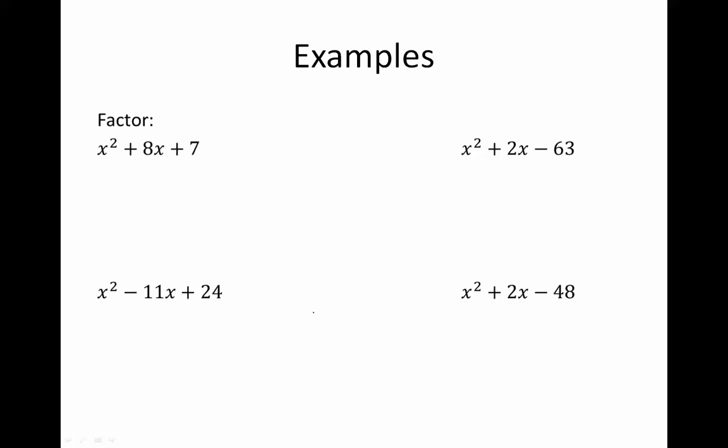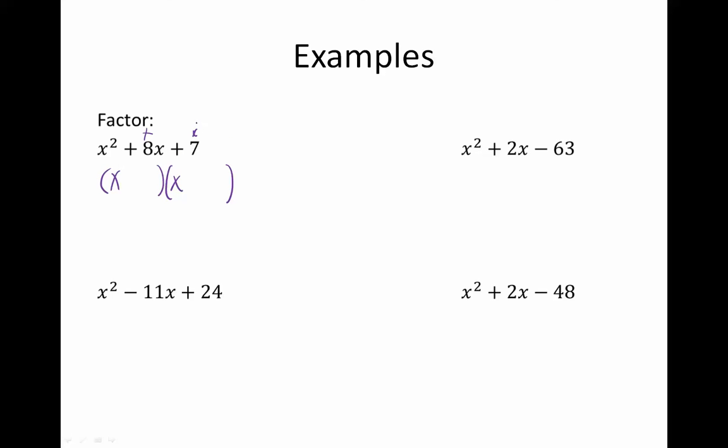So let's look at some examples. x squared plus 8x plus 7. We want to turn this into the factored form, or the intercept form. So we're going to start here with x times x, because x times x is x squared. Now we're looking for two numbers that multiply to be 7 and add to be 8.